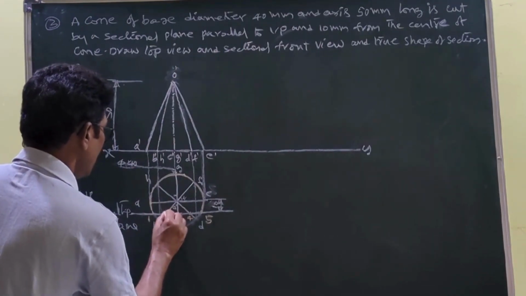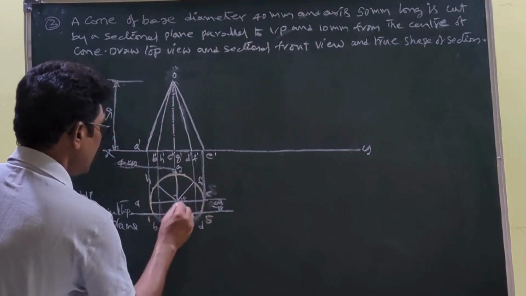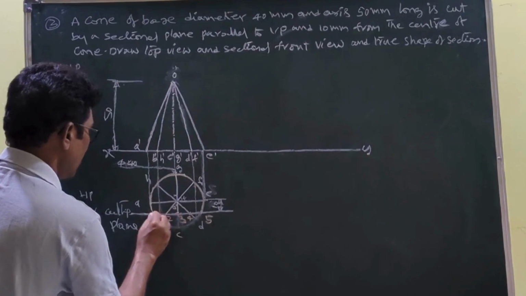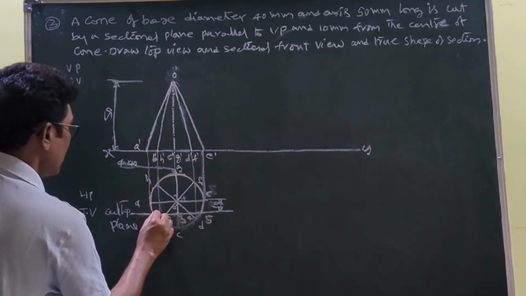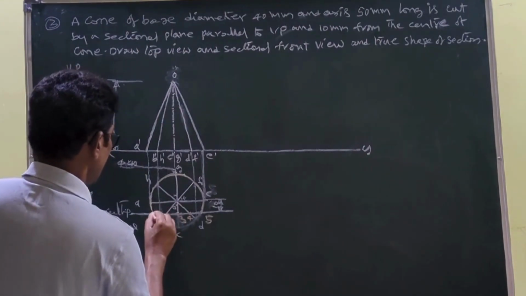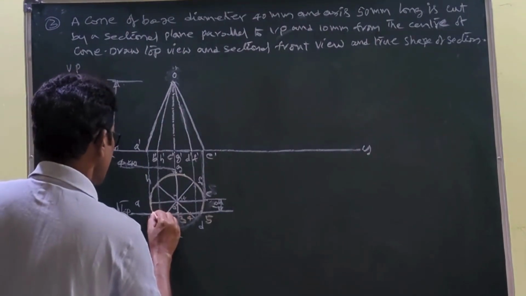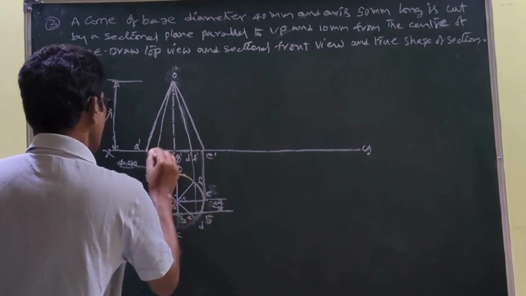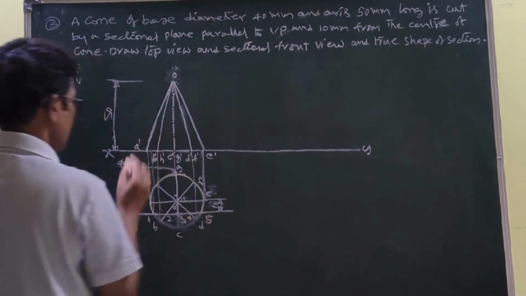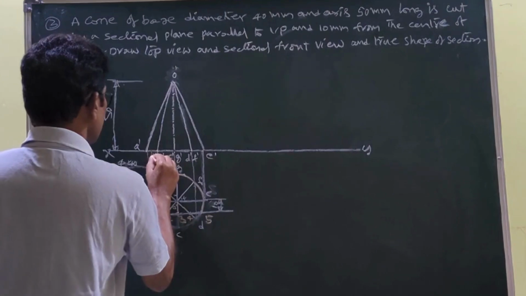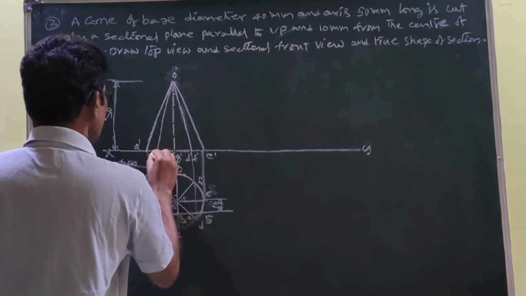You draw to B. The OB generator is cutting at first. You see that this is the 1. So from 1 you draw the projector and extend this one.